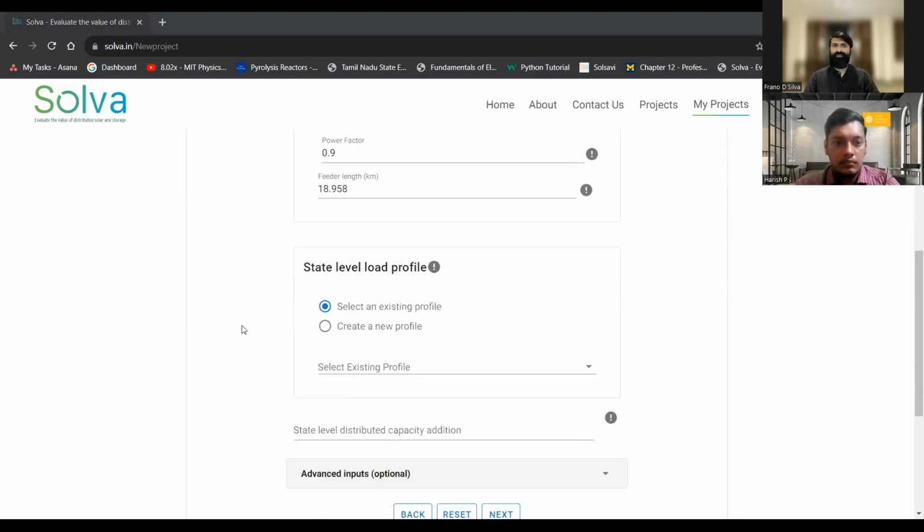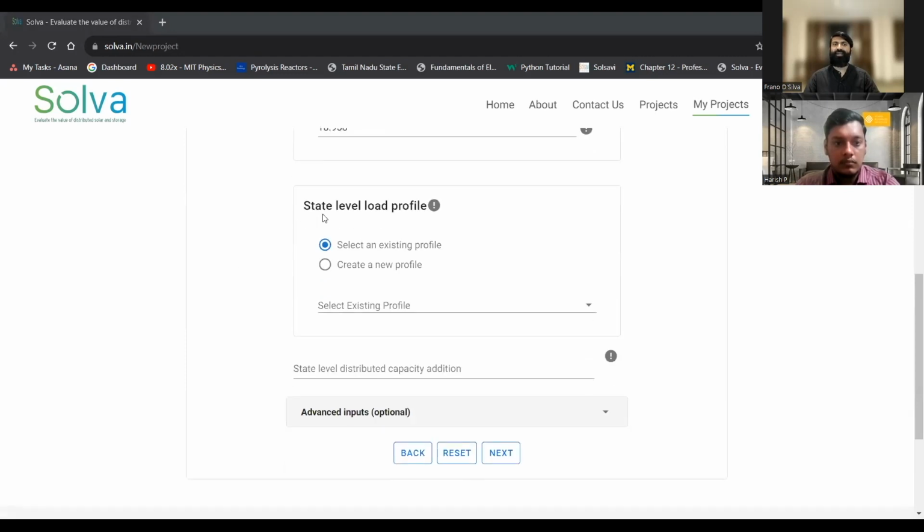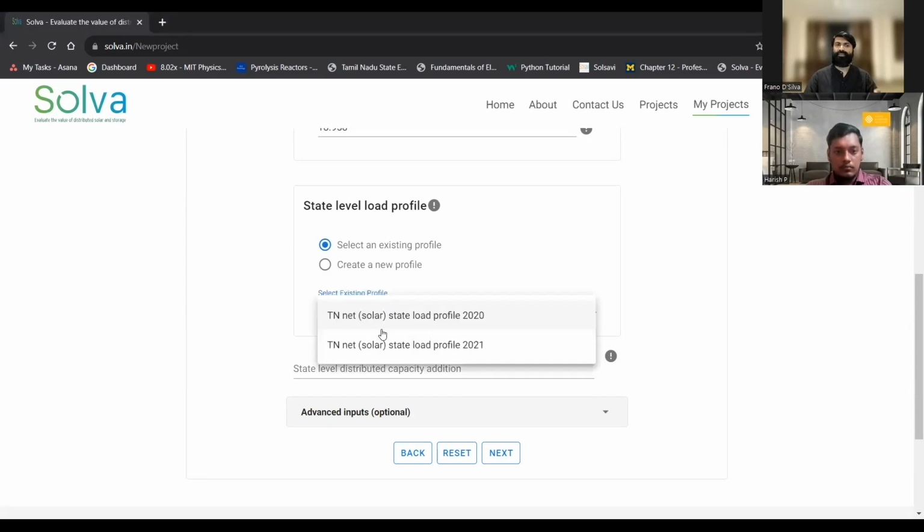Further, we get into defining the state load profile. In case you want to use an existing profile, we have two existing profiles, the net load profiles for Tamil Nadu for 2020 and 2021.